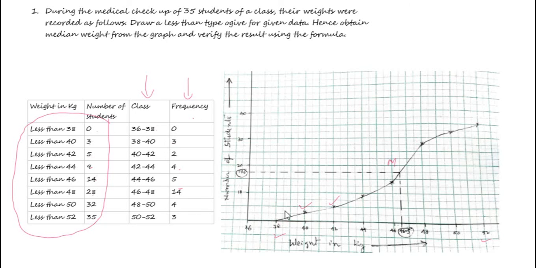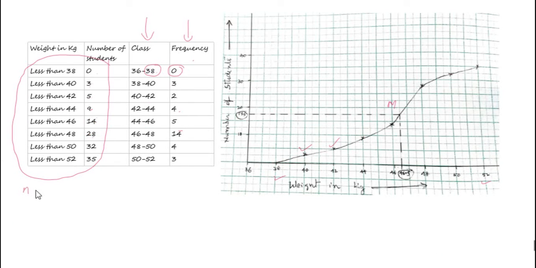And just like the earlier cases, we can draw the less than type ogive curve here with the x coordinate as the upper limit of the class and the cumulative frequency as the y coordinate. Now the cumulative frequency here is 35, n equal to 35, therefore n by 2 equals 17.5. This is the place around which we will have the median.